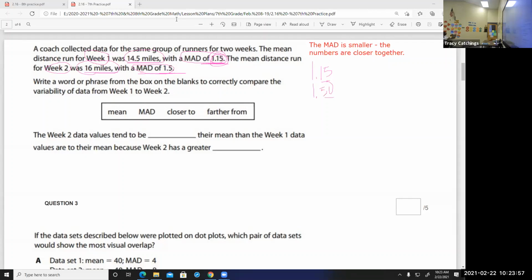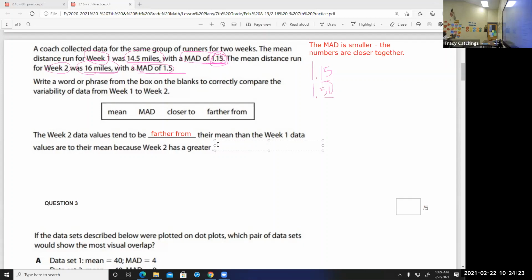So then at the bottom, they're asking us about week two. It says week two data values tend to be blank than their mean than week one. Closer together or farther apart? So they are farther from their mean than the week one data values are to their mean because week two has a greater what? What were we comparing?